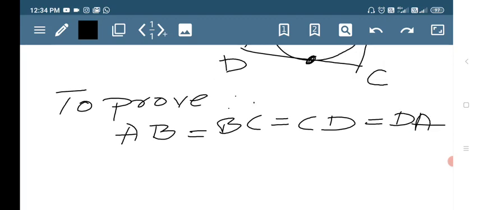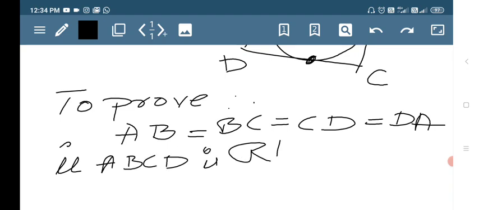That is, ABCD is a rhombus. This is what we have to prove here.